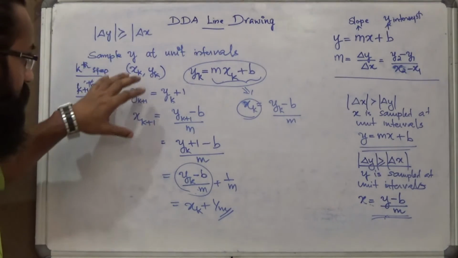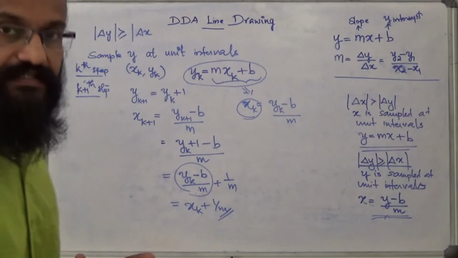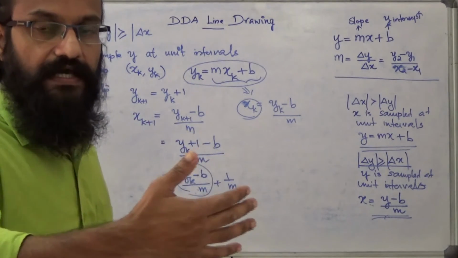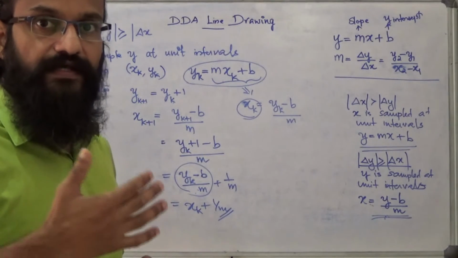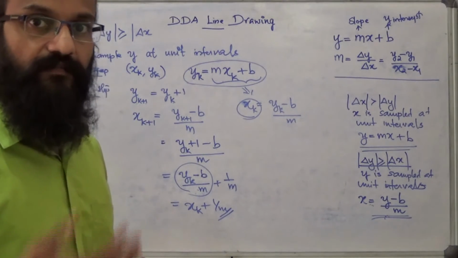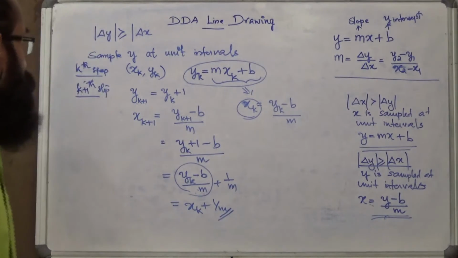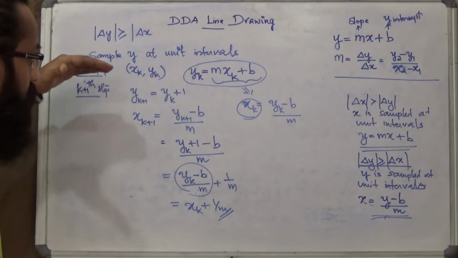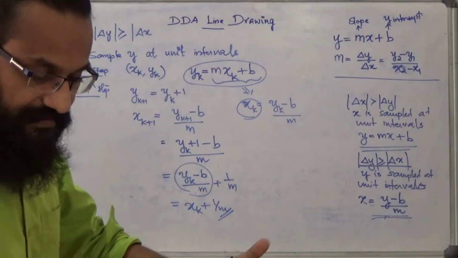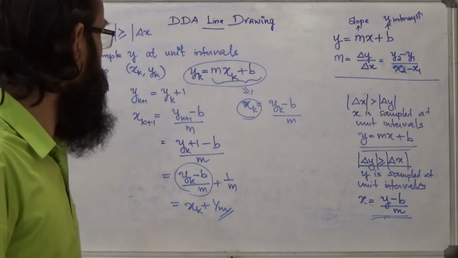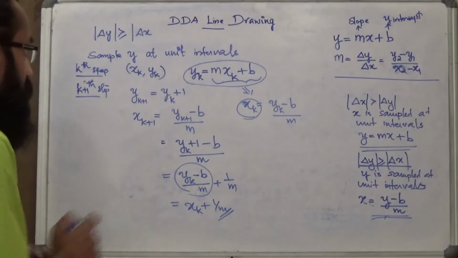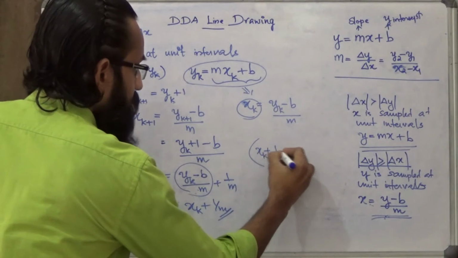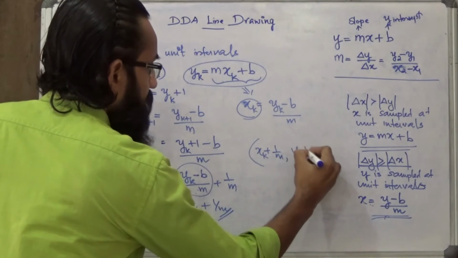So if modulus of delta y is greater than or equal to modulus of delta x, sample y at unit intervals and determine the corresponding x value incrementally from the previous x value. So if we plot xk yk at kth step, next point will be computed like this: xk plus 1 by m, yk plus 1.